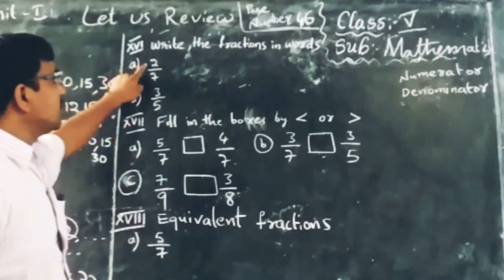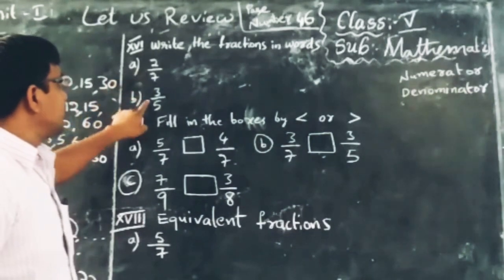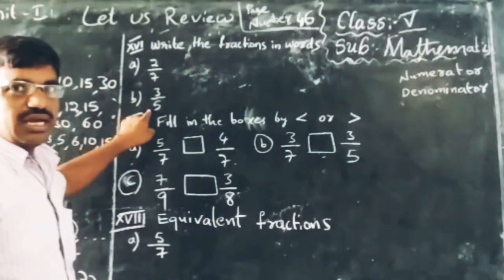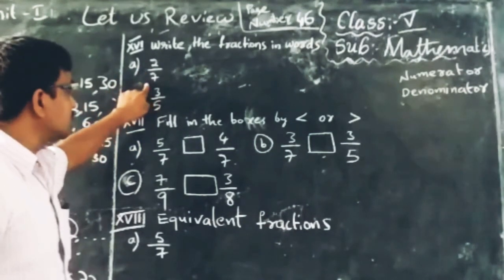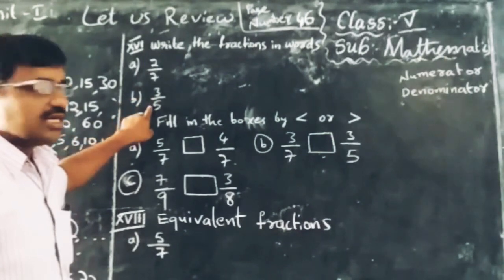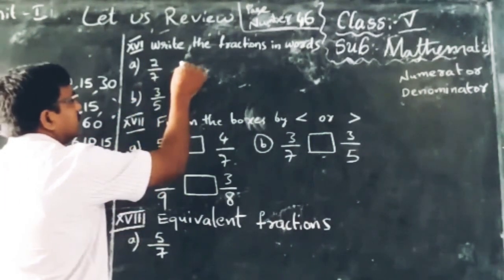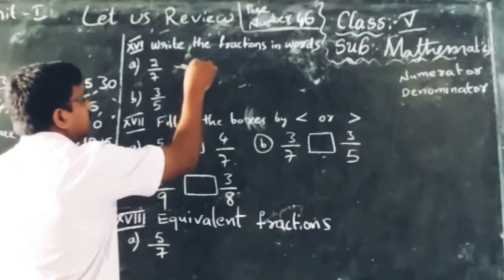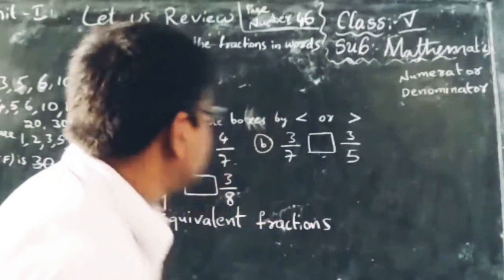Now 16th bit, write the fraction in words. So how can we say 2 by 7, and this B bit is 3 by 5. Here 2 is the numerator, 7 is the denominator. Here in this B bit, 3 is the numerator, 5 is the denominator. So this is 2/7.